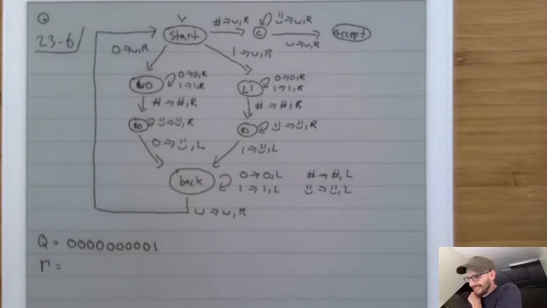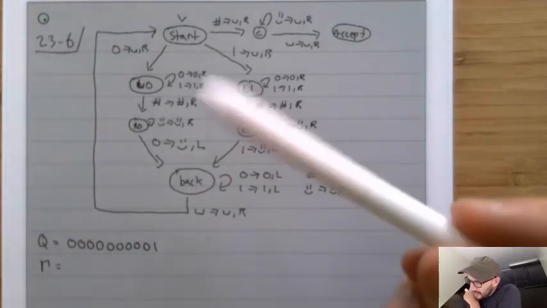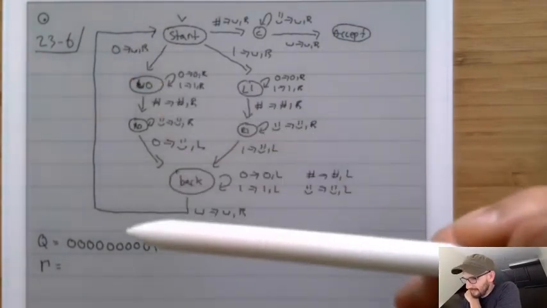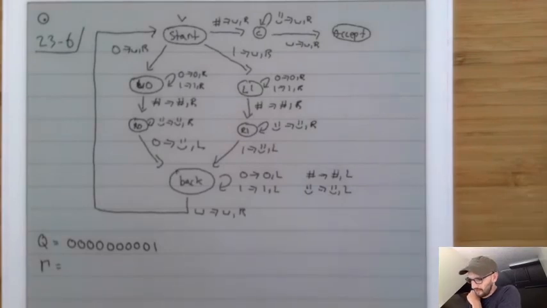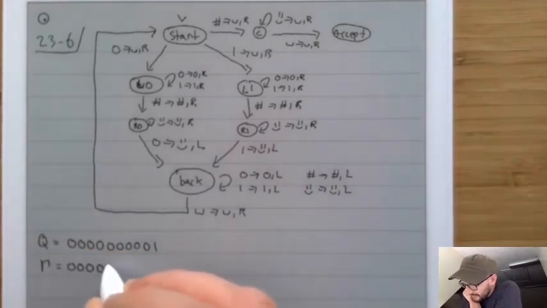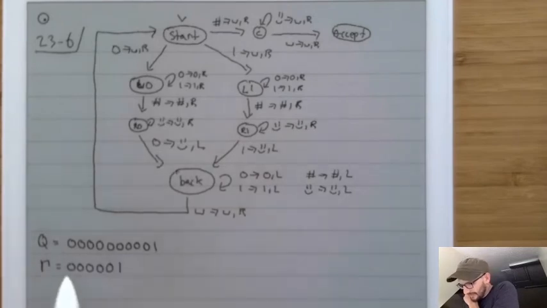So remember, gamma is things that can appear inside of the tape. So the things that can be in the output are 0, 1, blank, smiley face, and hash. Okay, so that means that there's 1, 2, 3, 4, 5 things.